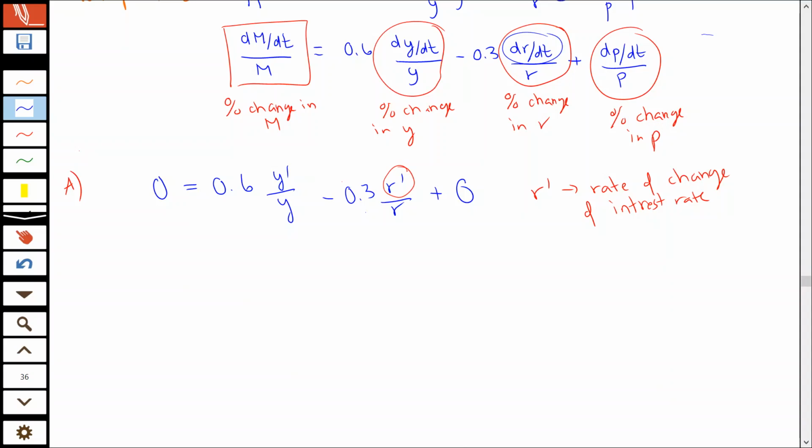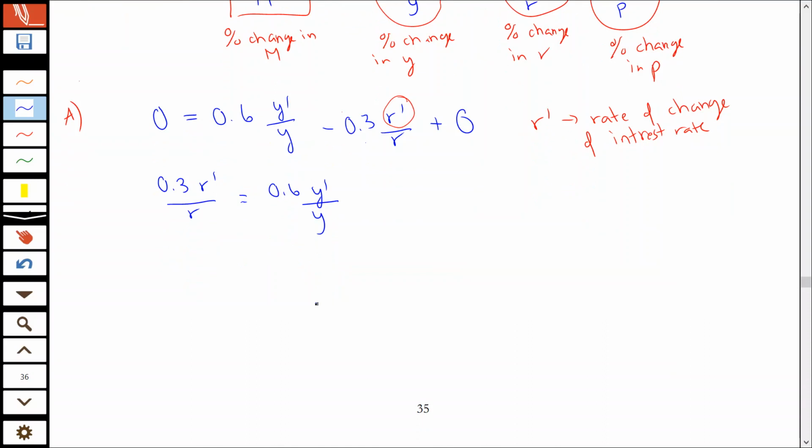So I'm going to have 0.3 R prime over R is equal to 0.6 Y prime over Y. I can multiply both sides by R, and divide both sides by 0.3. And I'm going to be left with R prime is equal to 0.6 divided by 0.3, which is 2, Y prime R over Y.